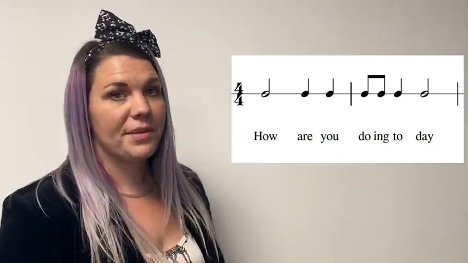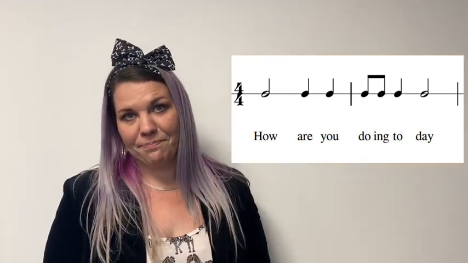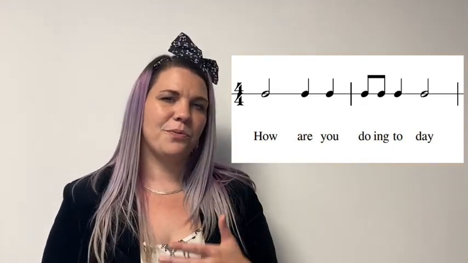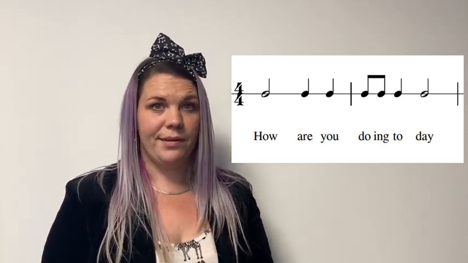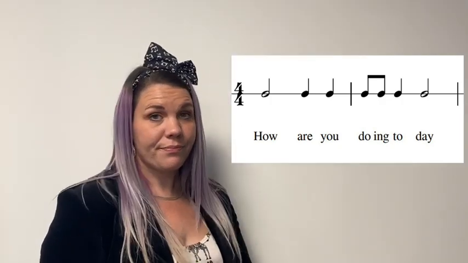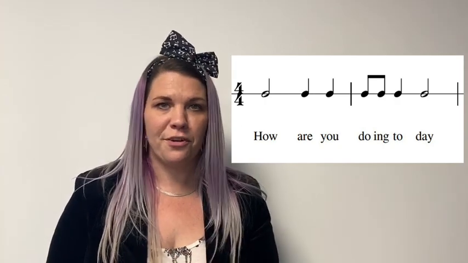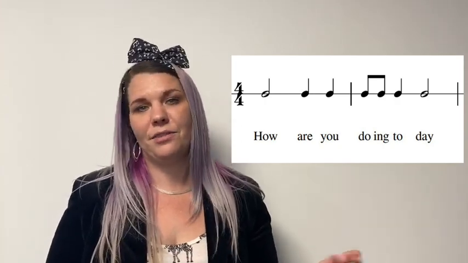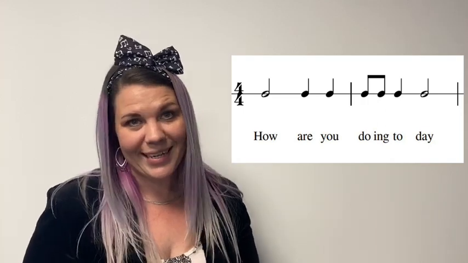So let's start with this one. The words are, how are you doing today? But how do we speak it in rhythm? Or how do we sing it in rhythm? What I want you to do now is pause the video, look at this rhythm, and pick a note, whichever note you want, wherever you're comfortable singing.